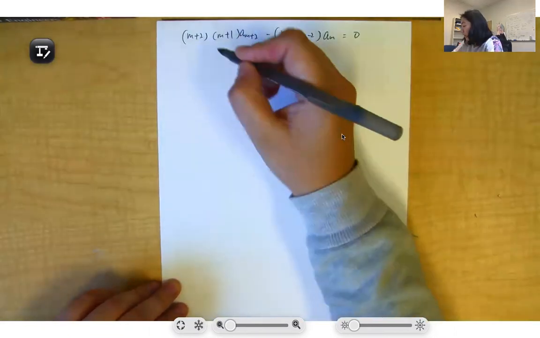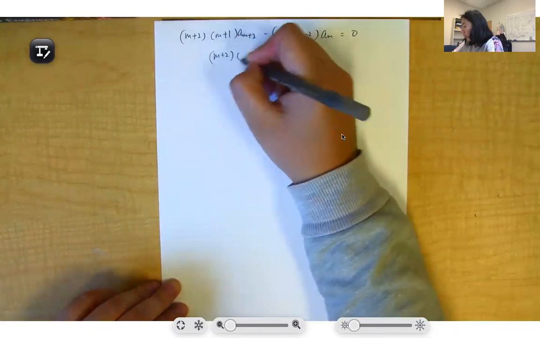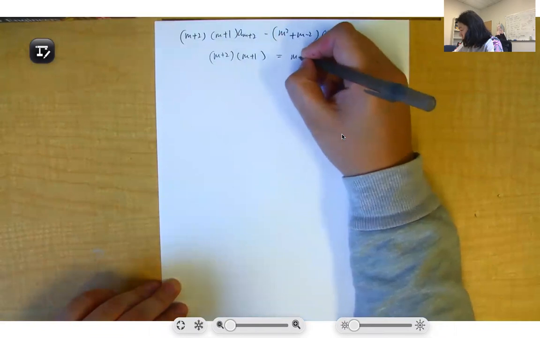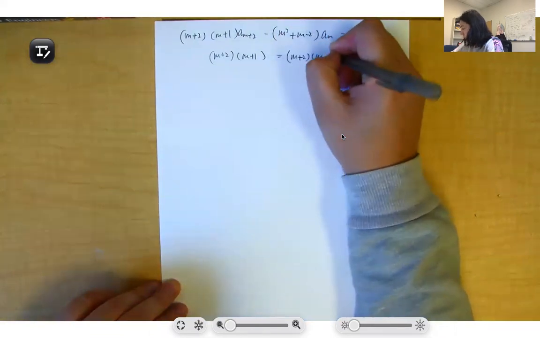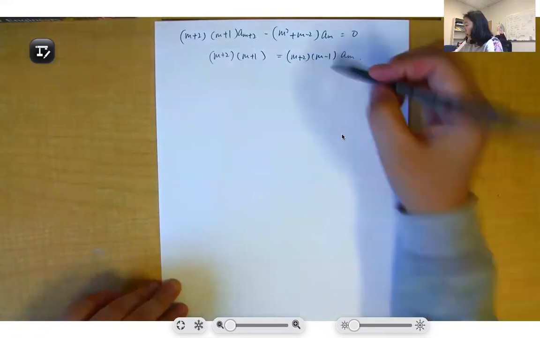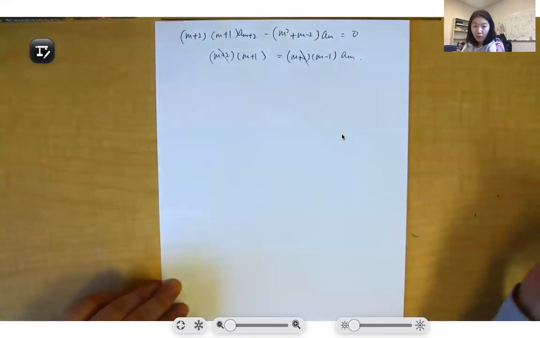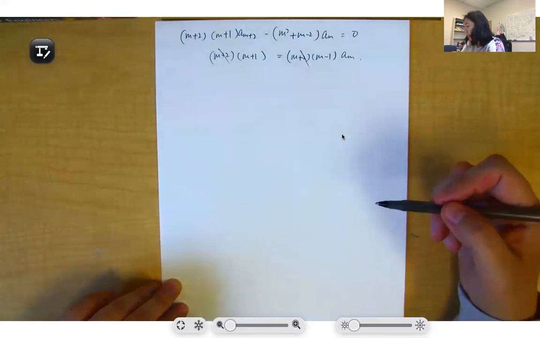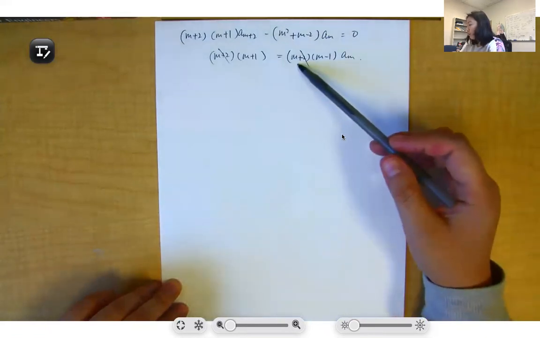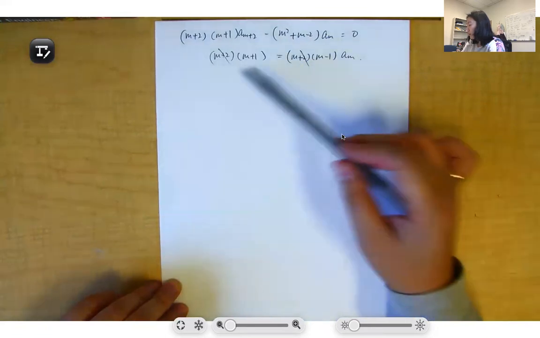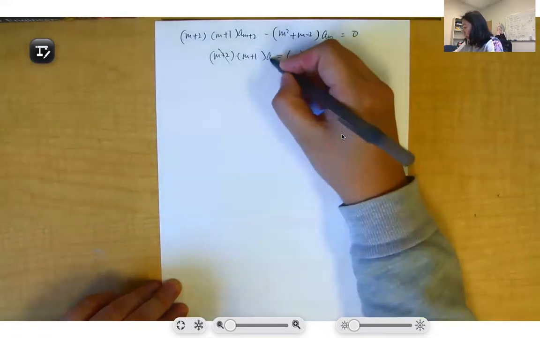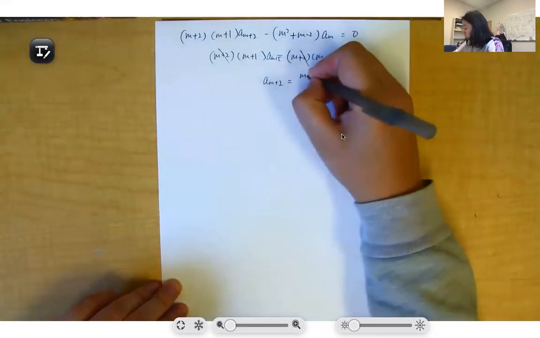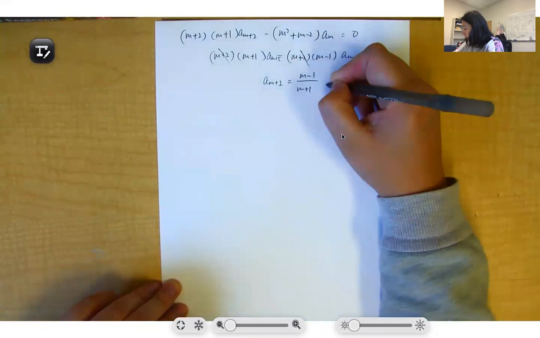So we have (m+2)(m+1) a_(m+2) equals (m+2)(m-1) a_m. And m plus 2 can cancel out because the smallest value for m is 0, so this term can be canceled out. Then what we get is a_(m+2) equals (m-1)/(m+1) a_m.